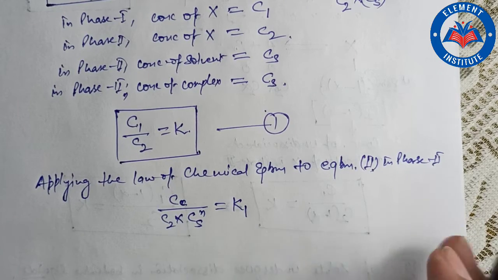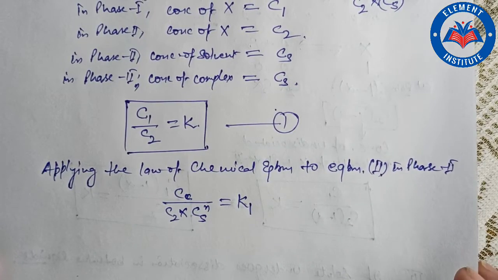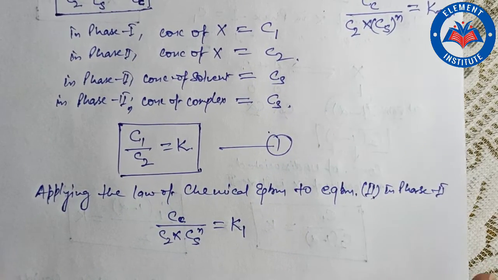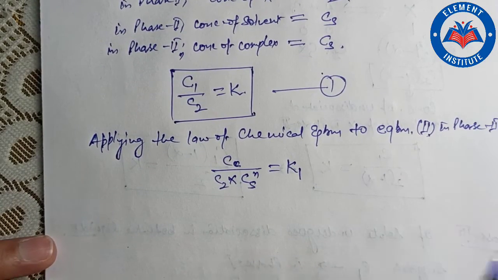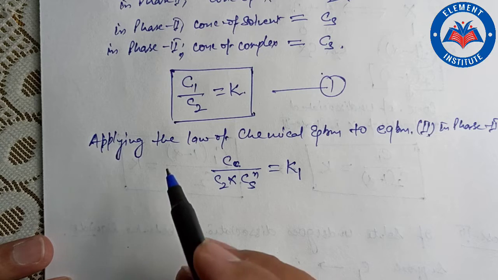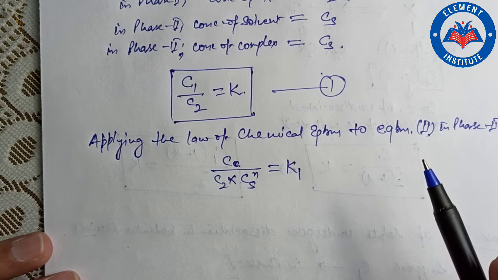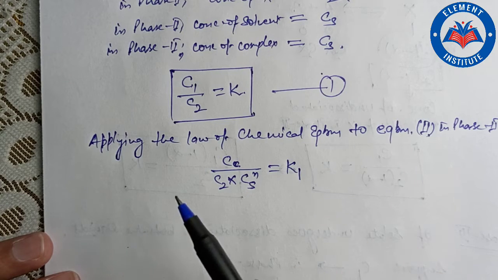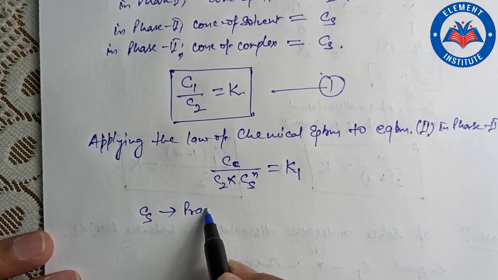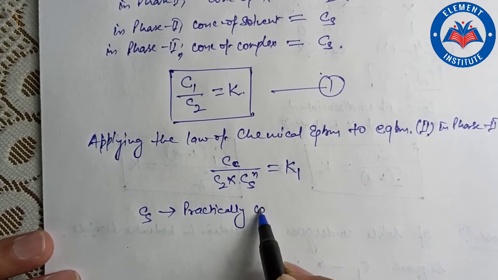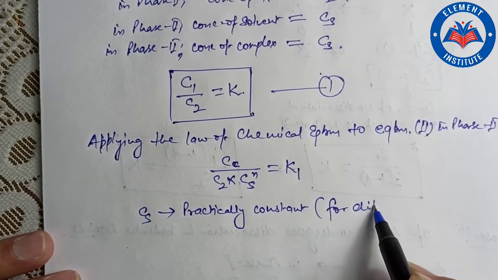Okay, as we already studied, the distribution law is valid only in case of the dilute solution. So in dilute solutions the concentration of the solvent in phase 2 will remain the same as it is in the excess form. So CS is not going to change, practically constant for dilute solution.